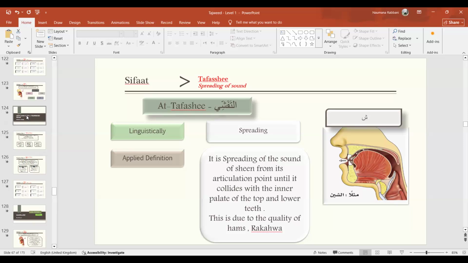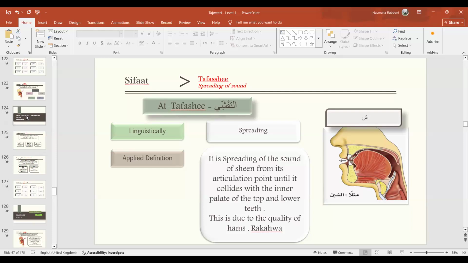First, hams versus jahar. And that is if the articulation point does not collide with force. What that means is that there's no pressure transferred to the vocal cords. Vocal cords stay open, and there is a flow of breath in letters of hams.